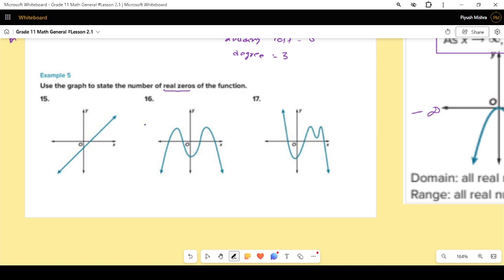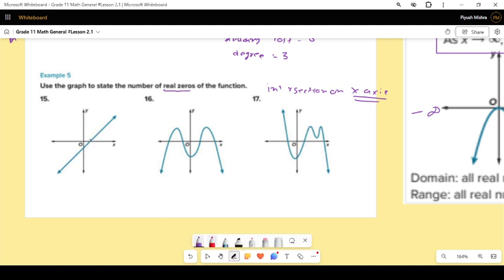We have already done this one. If any graph is intersecting the x-axis, we have to check the intersection on the x-axis. So how many times it will cut the x-axis? That many zeros. So you can see this graph is cutting only one time.